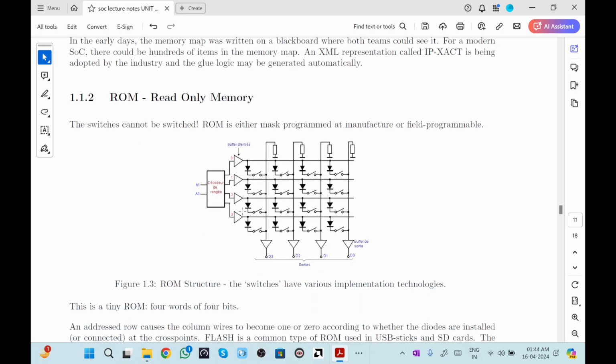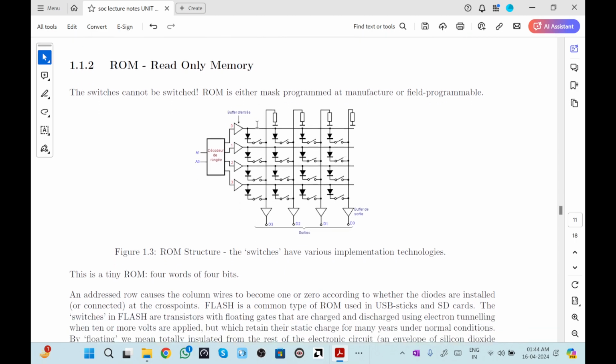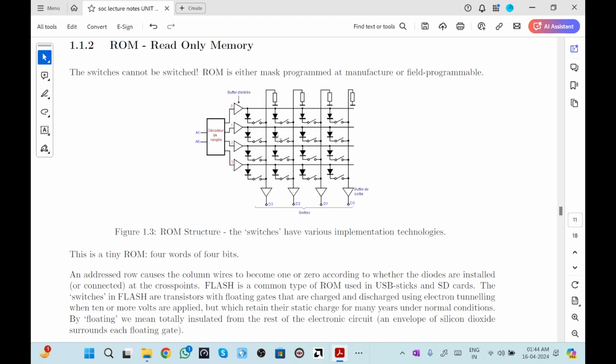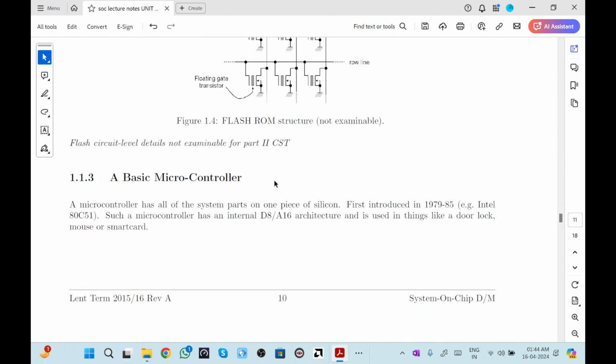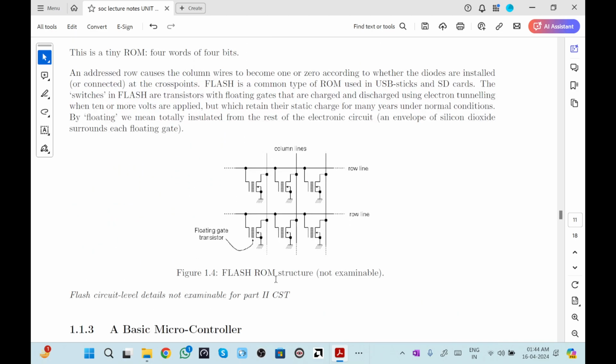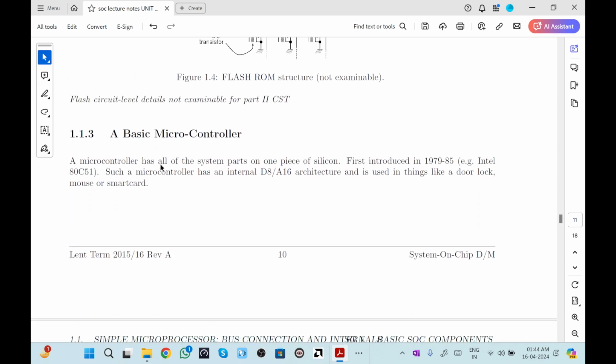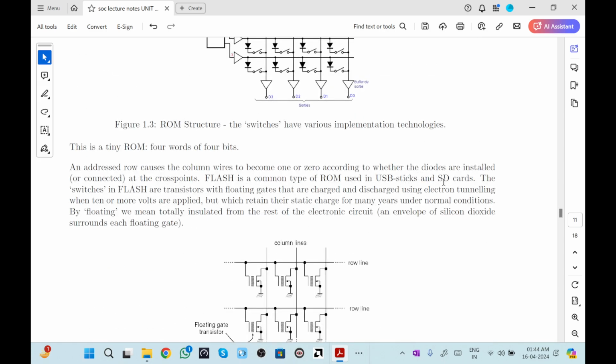Now we have ROM, which is read only memory. Then we have RAM, which is volatile, and ROM is read only memory. It is created by different switch implementations. Flash ROM is there, which is used in USB sticks and SD cards.